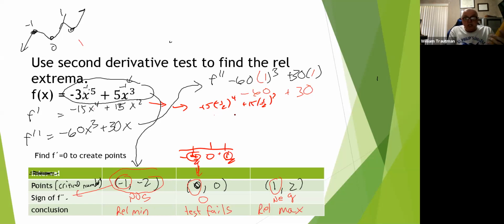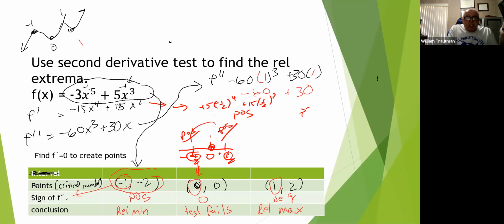I get a positive number. And by the way, when you plug in a positive number, you also get a positive number. So on this side of the number we get a positive slope, and on this side we also get a positive slope.